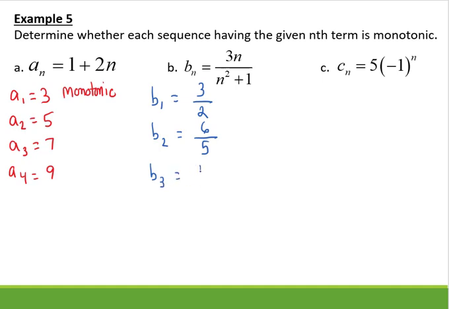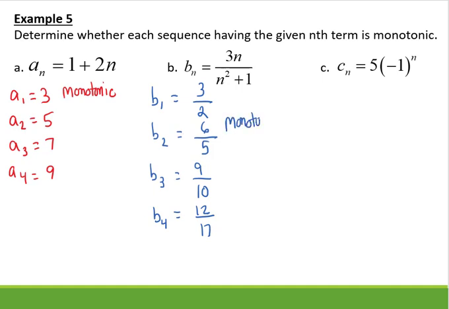So if you notice, each one of these keeps going down. If I plug in 4, I get 12 over 17. I'm just finding this in my calculator real quick to make sure it keeps decreasing. So yes, this one is monotonic.